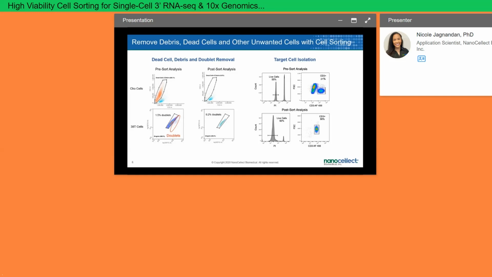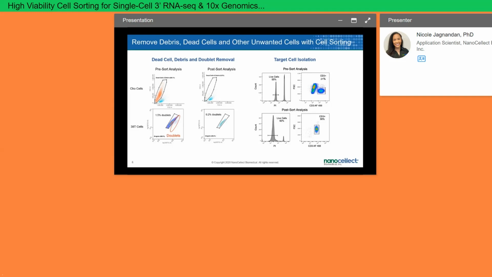Here's an example where we wanted to isolate the live T cells from a PBMC population. Our starting population had 55% live cells, which we were able to identify using a viability dye, and 21% of the cells were identified as T cells using the CD3 Alexa Fluor 488 marker.